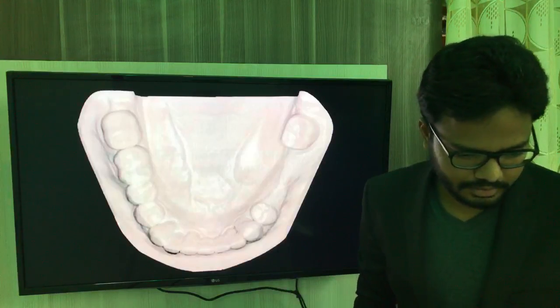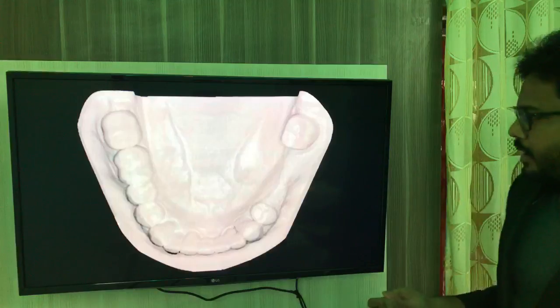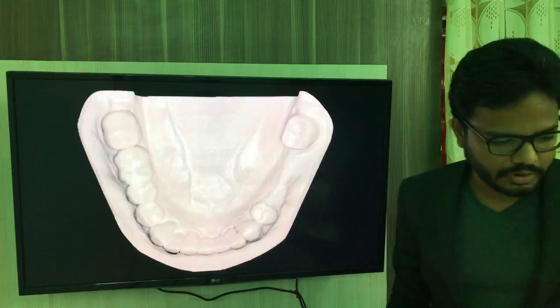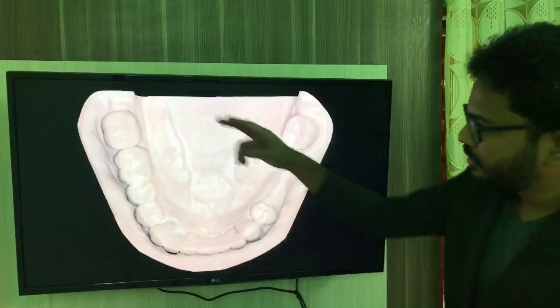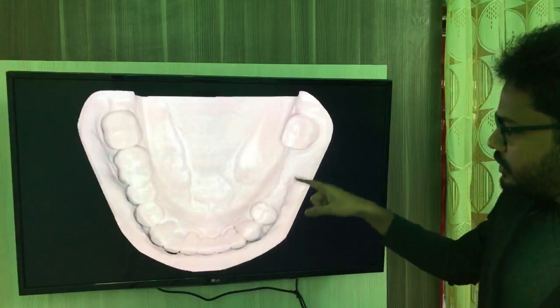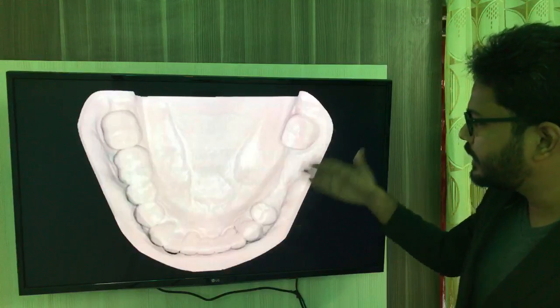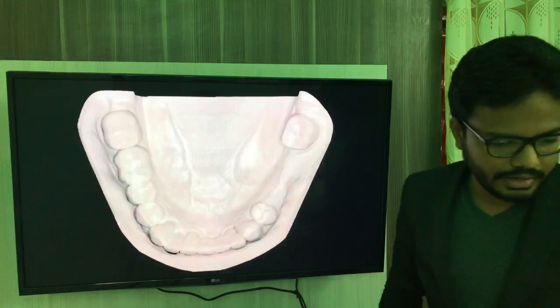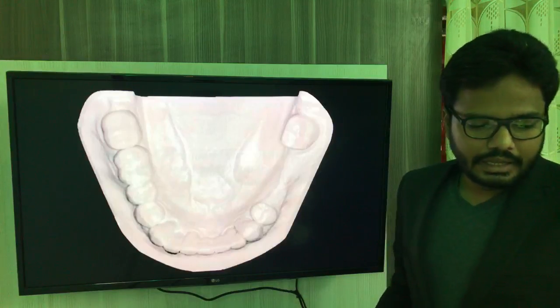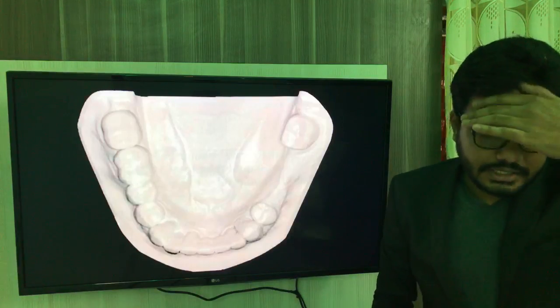Right. So identify this partial edentulous cast and let me know which Kennedy's classification it belongs to. I hope you can see, right? You have teeth all over except for this area. In the third quadrant, you have an edentulous area covered by natural teeth anteriorly as well as posteriorly. So what Kennedy's classification does this fall into?